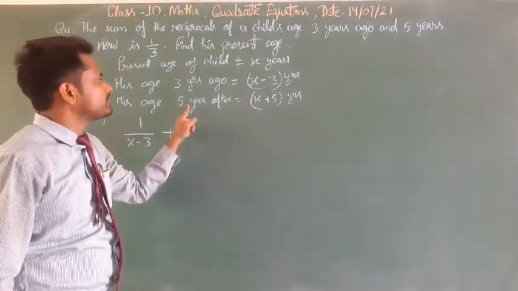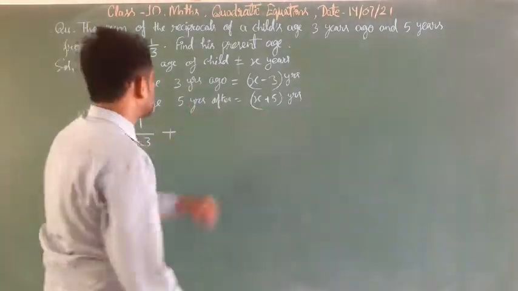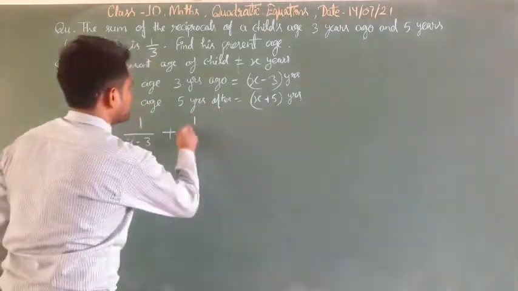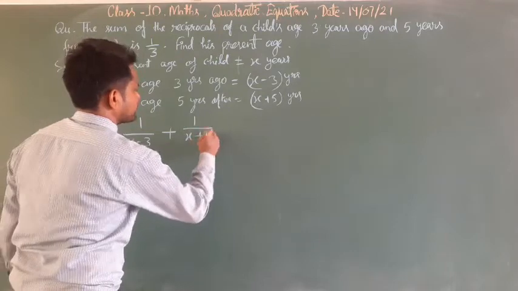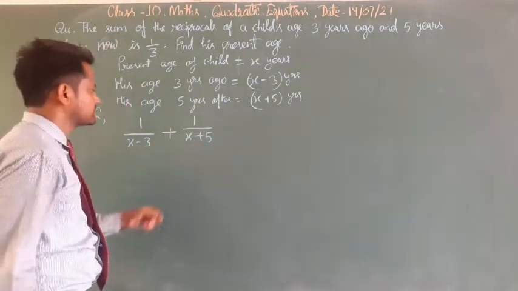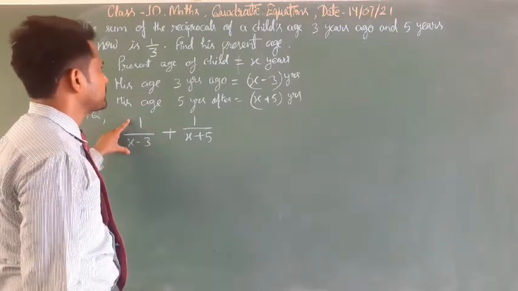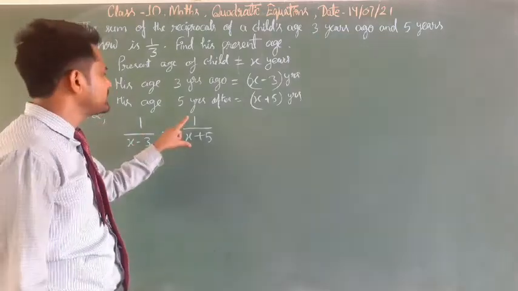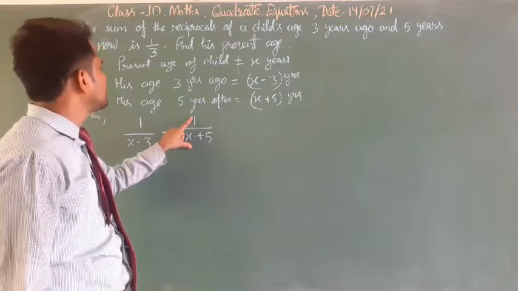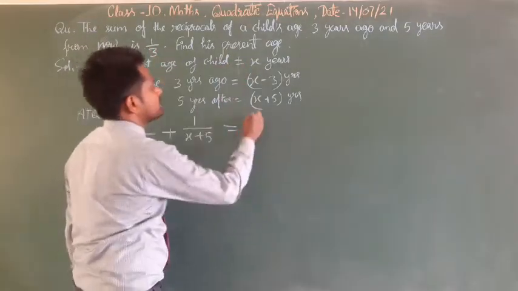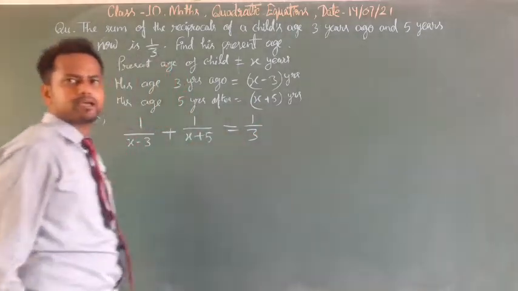The age after 5 years will be x plus 5, and the reciprocal of x plus 5 is 1 upon x plus 5, and you have to add this. The sum of the reciprocal of the age 3 years ago and the reciprocal of the age after 5 years, it is given, is 1 by 3.